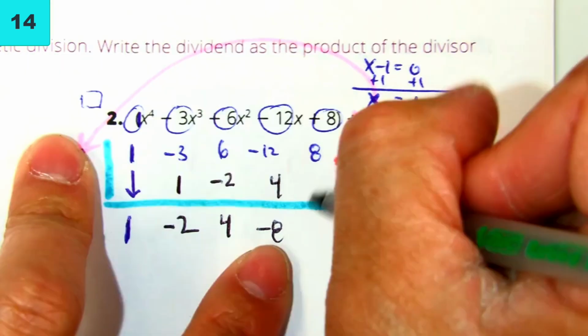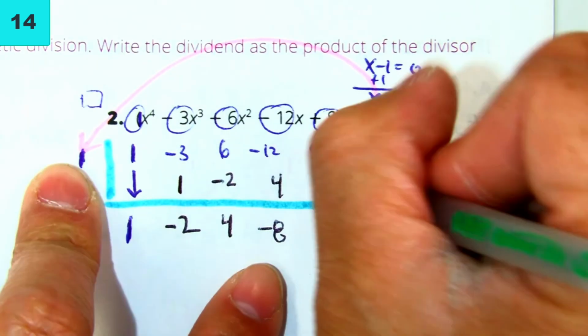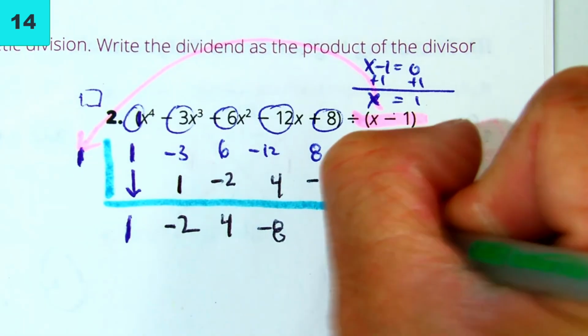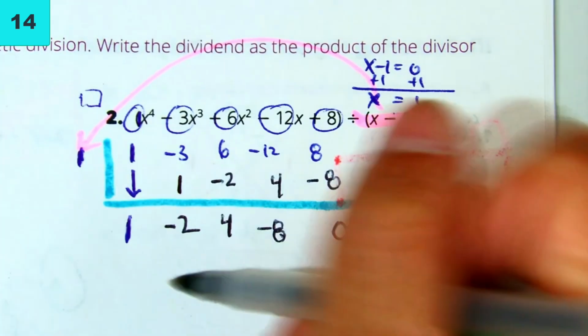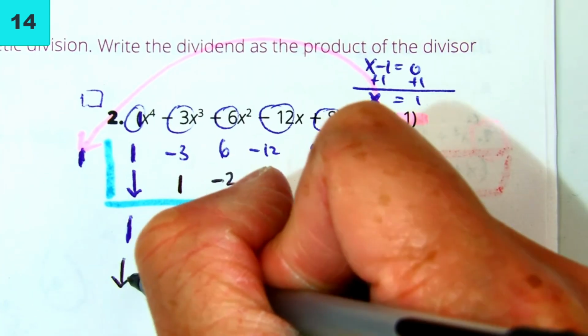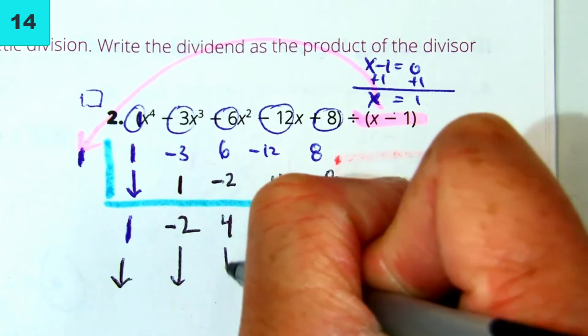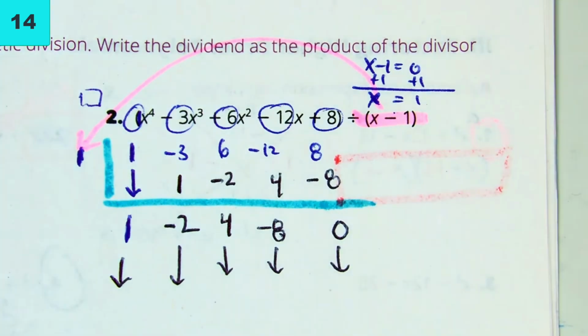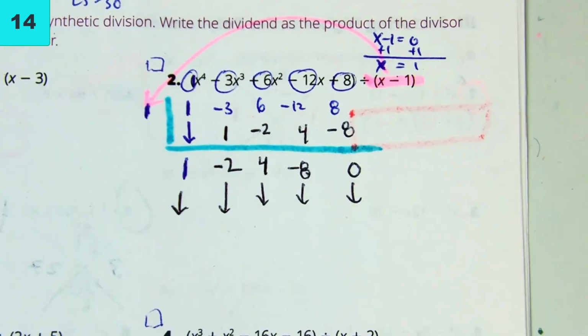Multiply. Negative 8. Add down. 0. Okay, with your partner, take 20 seconds and tell me what we write below the arrows.